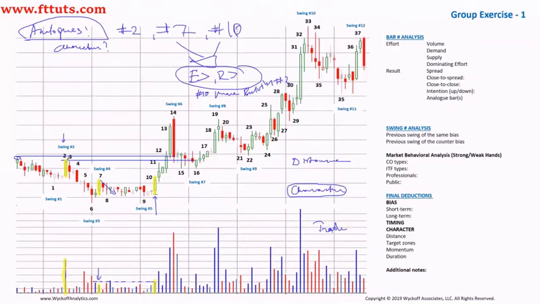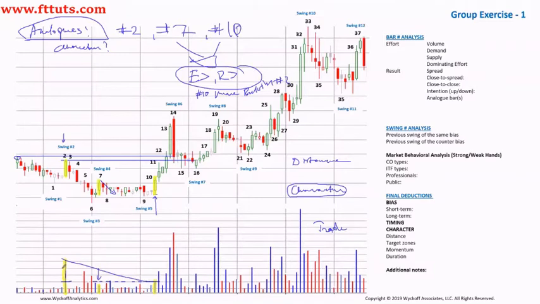Okay, well then let's look at bar number 2. We said that there is a lot of supply right there, but there is some demand. And we're seeing how bar number 10 on a much lower volume signature produces the same result, right?